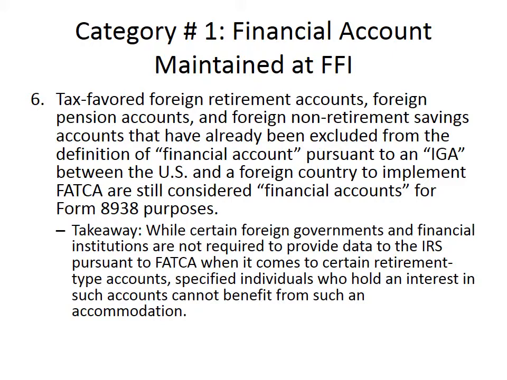An intergovernmental agreement is a key part of FATCA. It essentially gives the foreign bank the permission it needs to turn over information pertaining to U.S. account holders to the U.S. government.